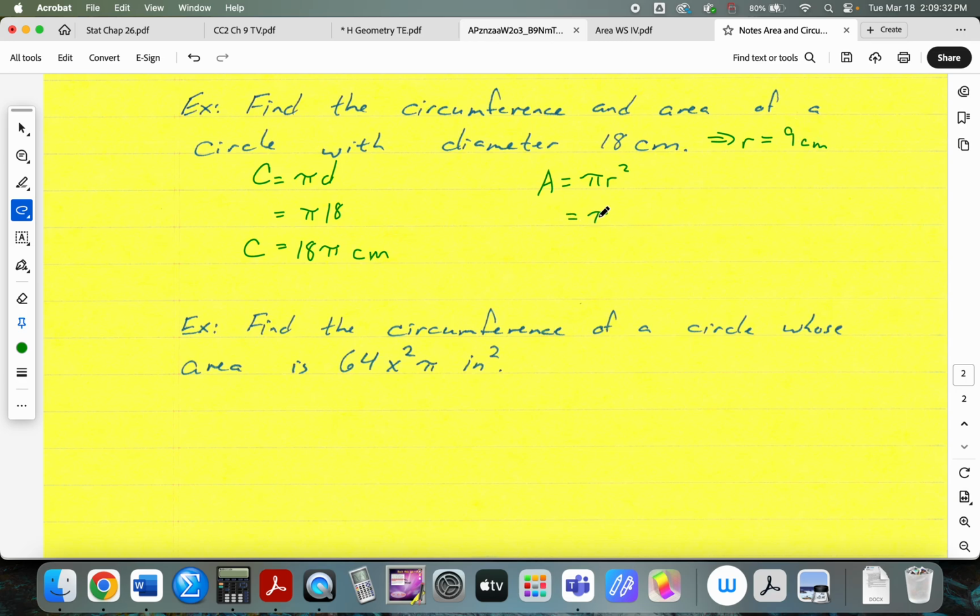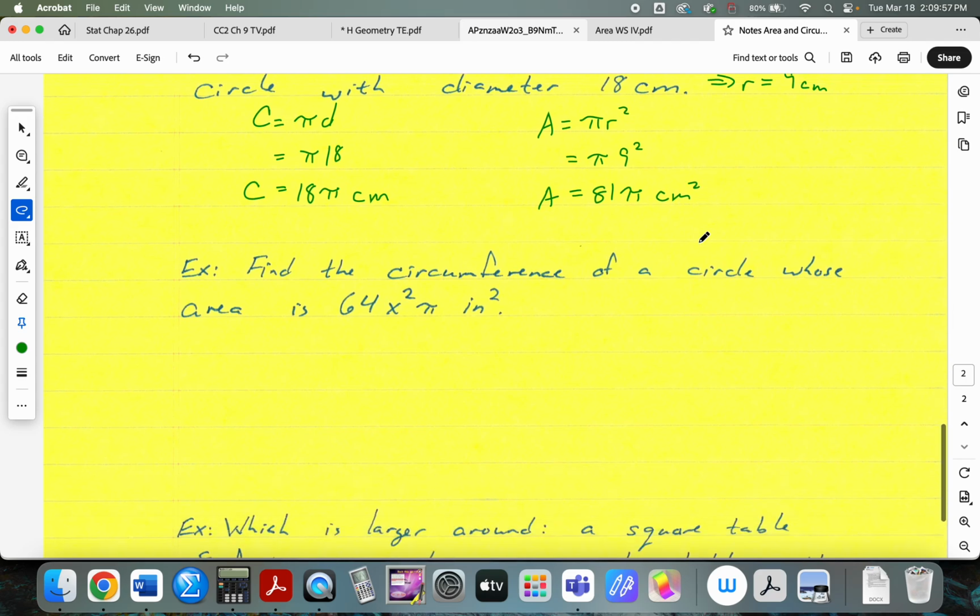So the area will be pi times 9 squared. 9 squared is 81, so that's 81 pi square centimeters. And again, frankly, that's a junior high problem. That's very basic, very straightforward.